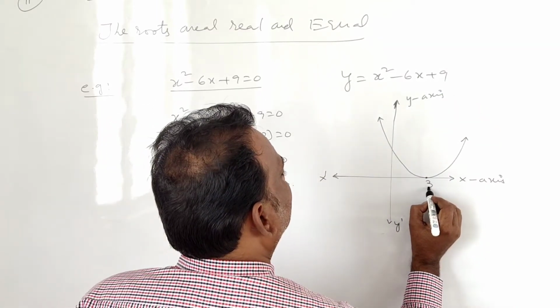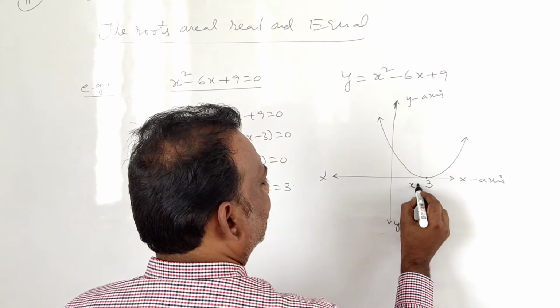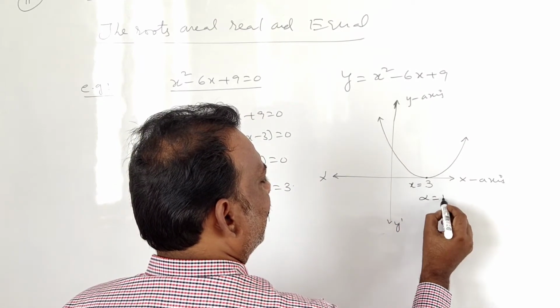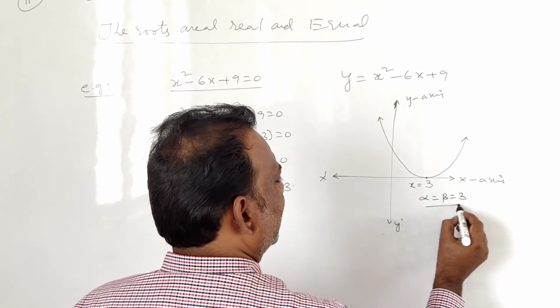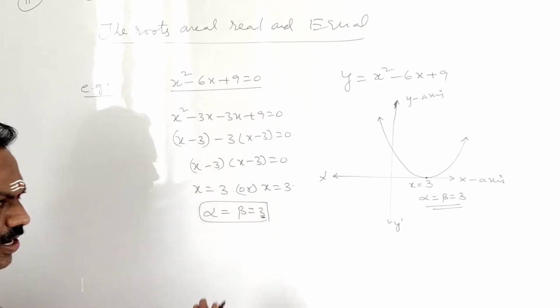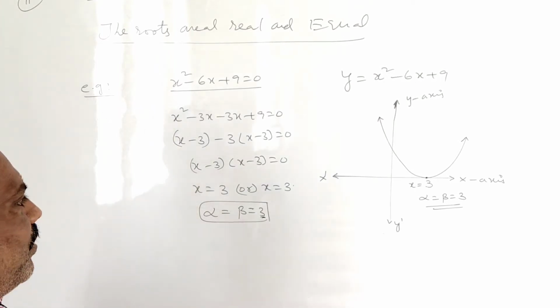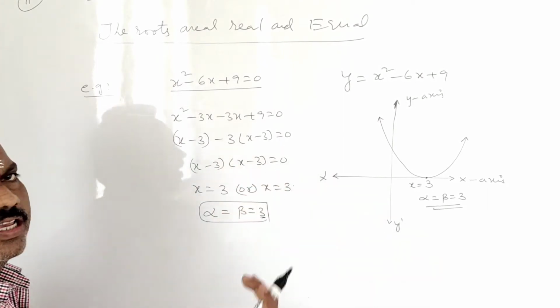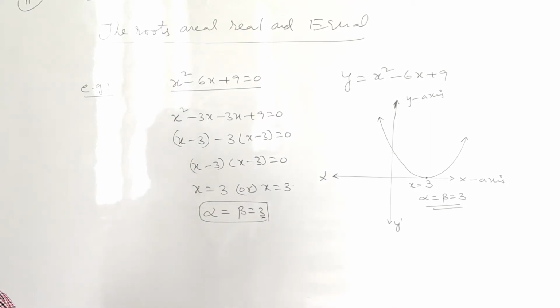So it is touching at 3, so x is equal to 3. So alpha value and beta value are both equal in this case. That's why in this case we will say that they are real numbers and the roots are both equal. First root is equal, second root is also equal. Clear, students? Right.